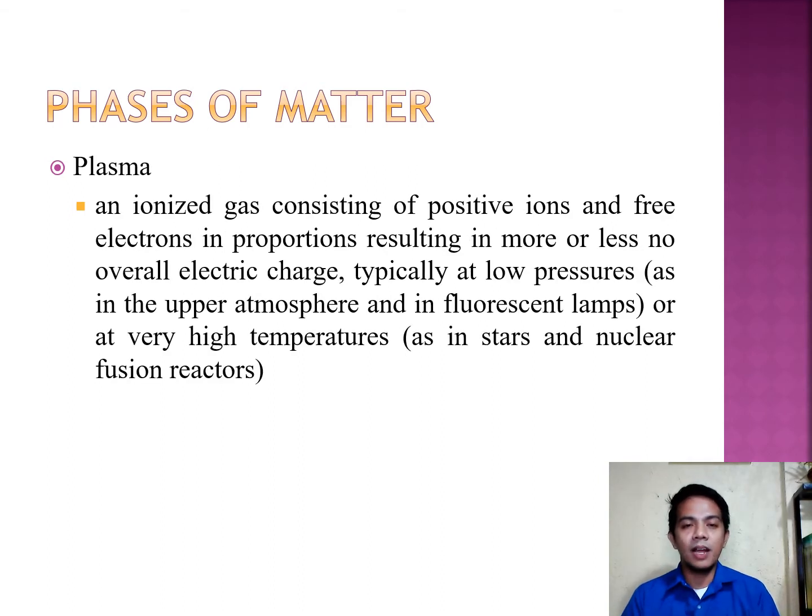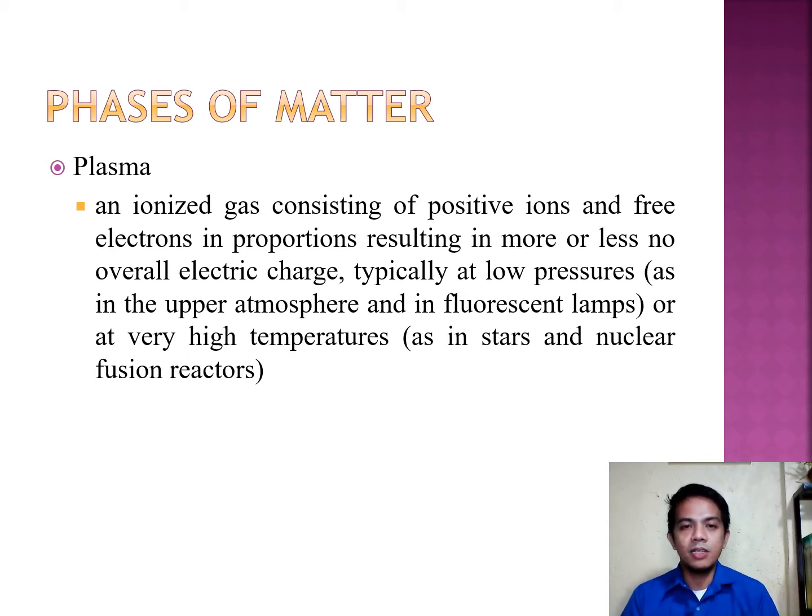So last is the plasma. In biology, plasma is the clear, straw-colored liquid portion of blood that remains after blood cells, white blood cells, platelets, and other cellular components are removed. It is the single largest component of human blood, comprising about 55%, and contains water, salts, enzymes, antibodies, and other proteins.